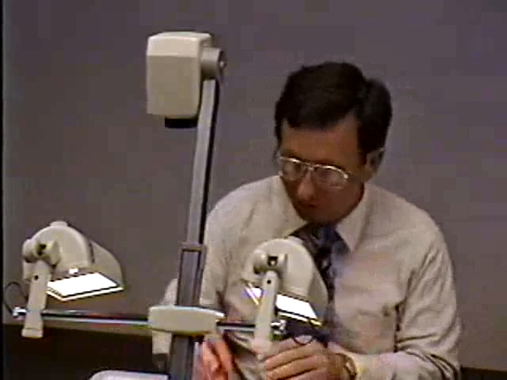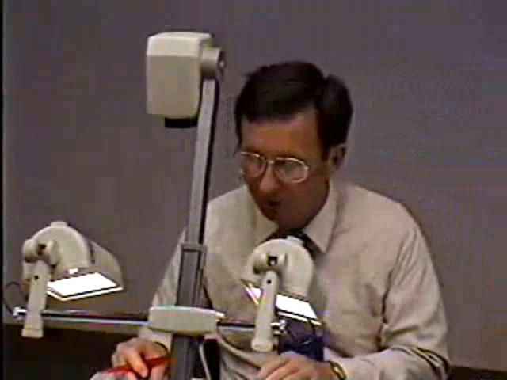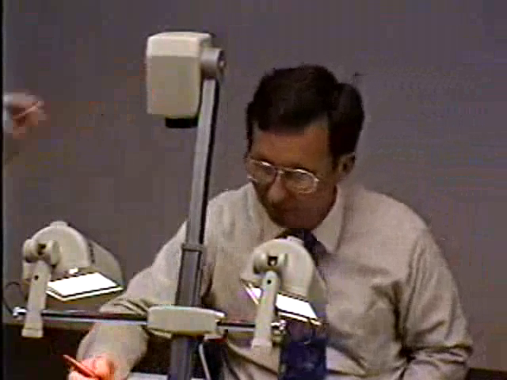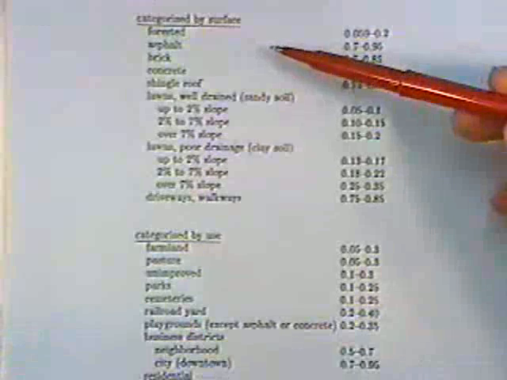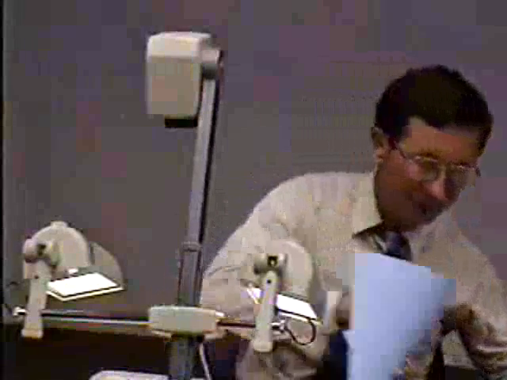The C is an empirical coefficient. I Xeroxed this out of the engineering reference manual, which you have. They've just given, for different types of land use and different types of surfaces, some typical values for the runoff coefficient. And you can look at those in your manual at your leisure.